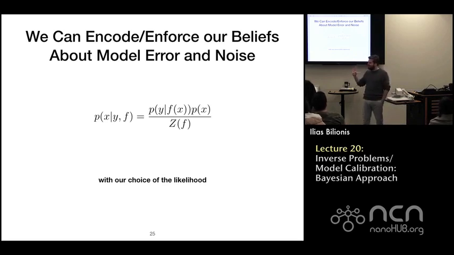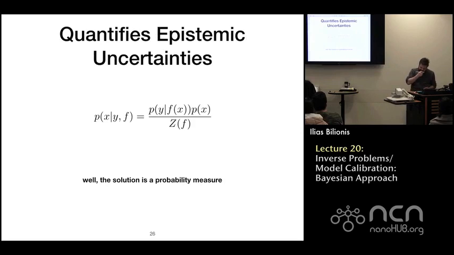I think this is the fourth time I say that. It is a take-home message. Or the model discrepancy. This is also something that we didn't really have in the classical approach. It quantifies epistemic uncertainties, obviously, because the solution itself is the probability density that corresponds to your state of knowledge about the parameters after you've seen the data. So the uncertainty is already taken care of. All right?